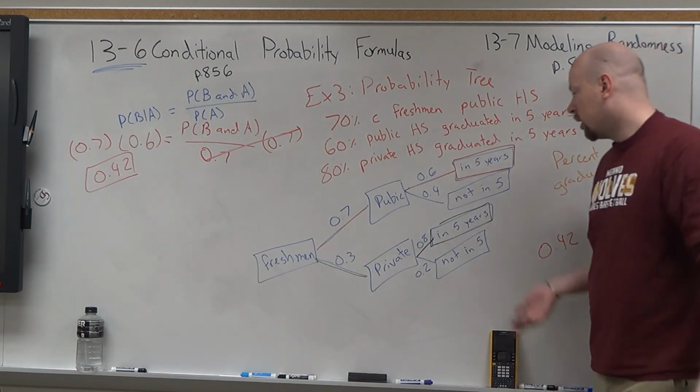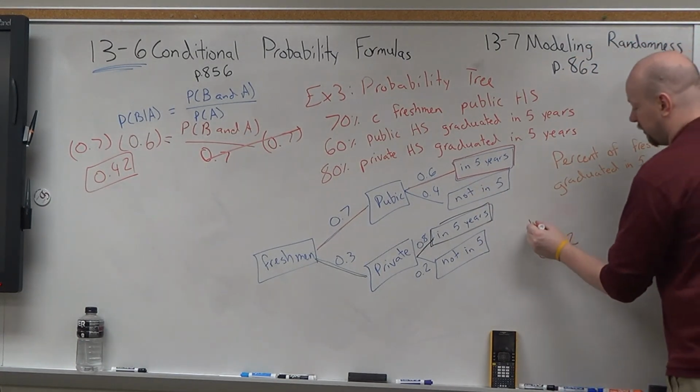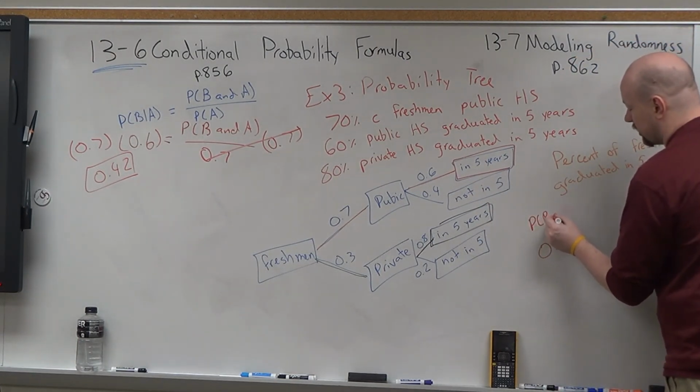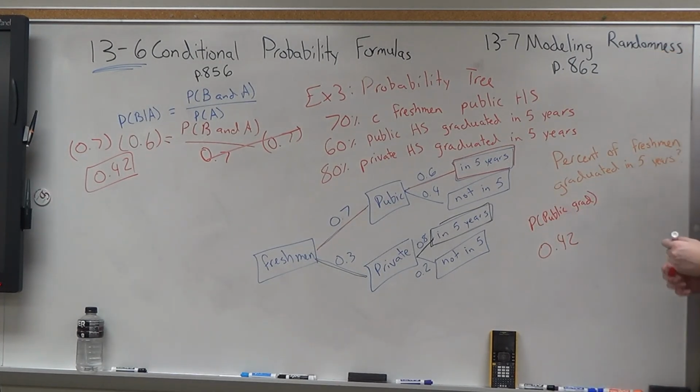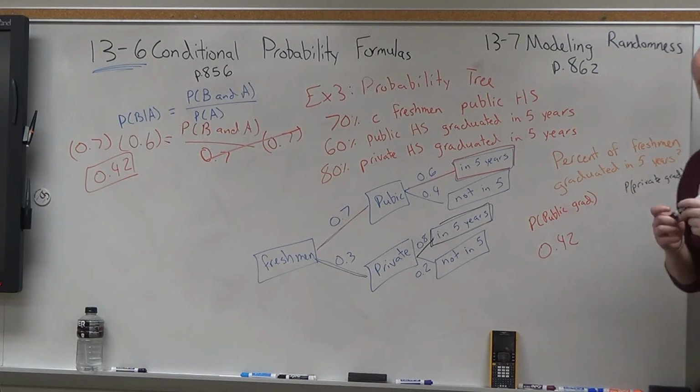But like we said, we need to find the probability of public graduate, and we also need to find the probability of private grad. And how can we find the probability of everybody?